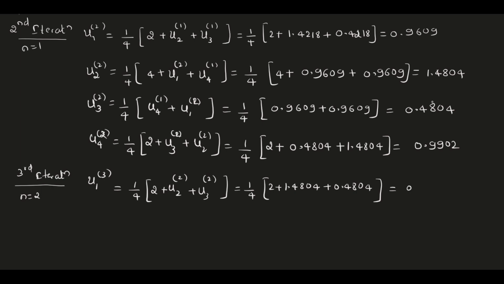Simplify it, you will get the result. This is the same value formula. Understood? Just observe u4 of 2 and u1 are both the same. That's why you will get the same value.